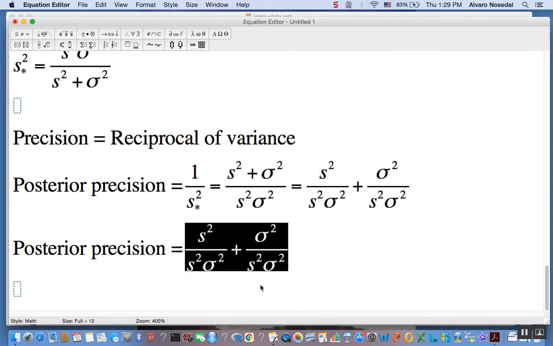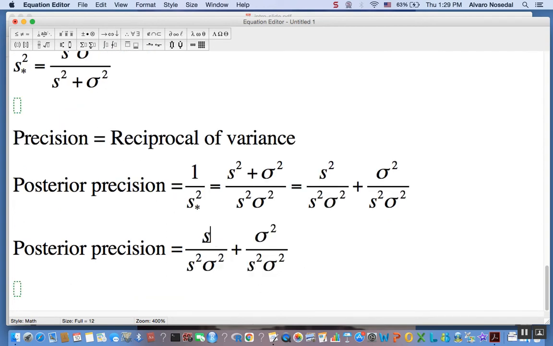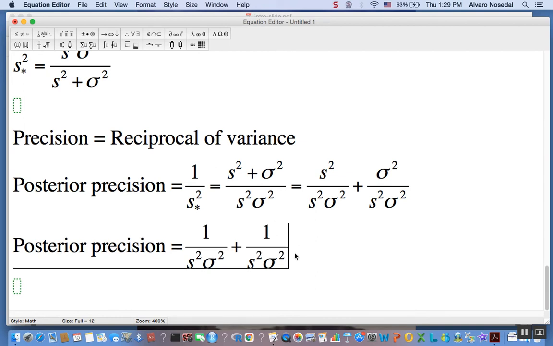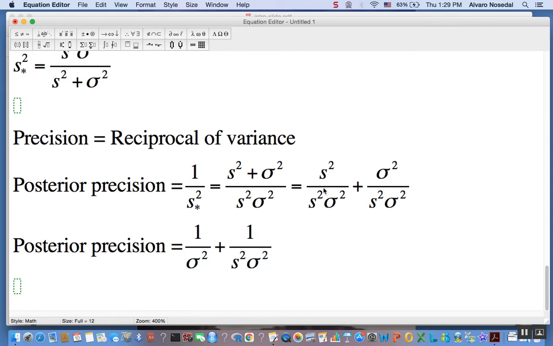Once we simplify, the expression for our posterior precision is just that. Here we cancel out the s squared, and here we cancel out the sigma squared. Make sense?